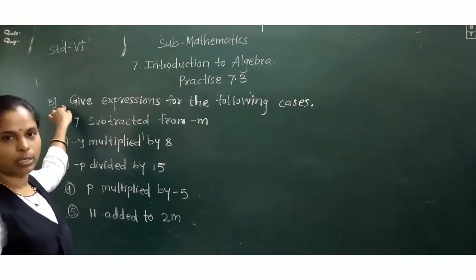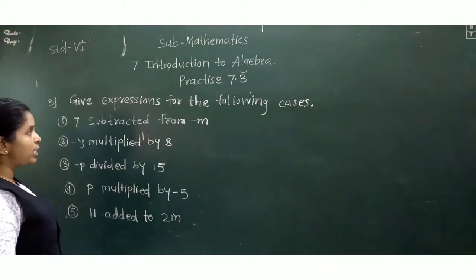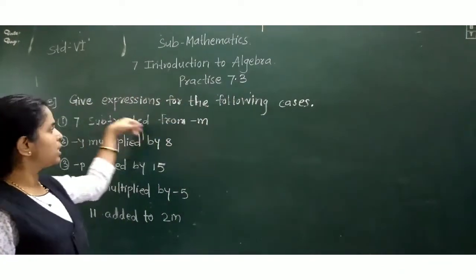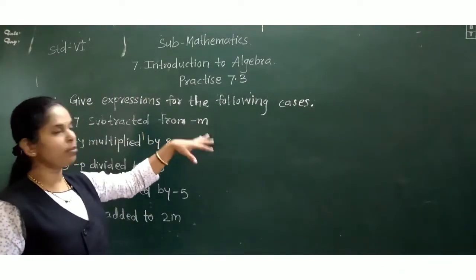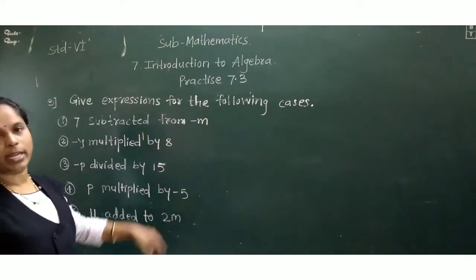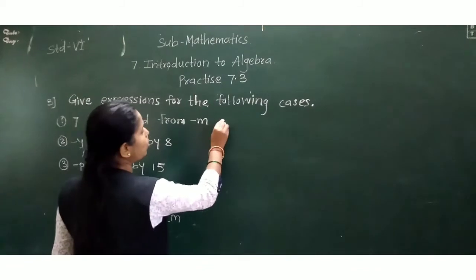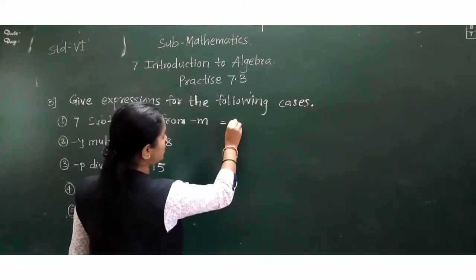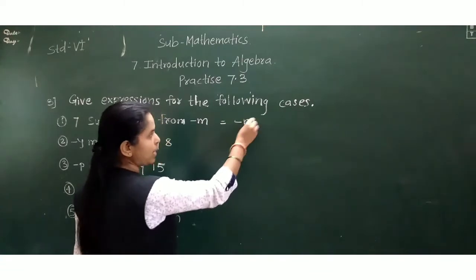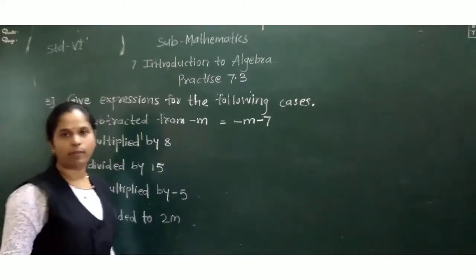Next question, question number 3. Give expressions for the following cases. Now it is given in phrases, and we have to convert it into an expression. So 7 subtracted from minus m. How to write that? It means from minus m we have to subtract 7.